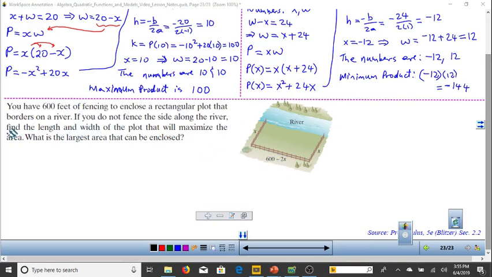I'm going to redraw that graph just so we can have an idea of how they got that 600 minus 2x. So what we have here is a rectangular region, which I will now draw basically like this.